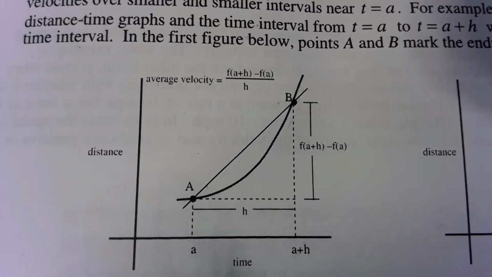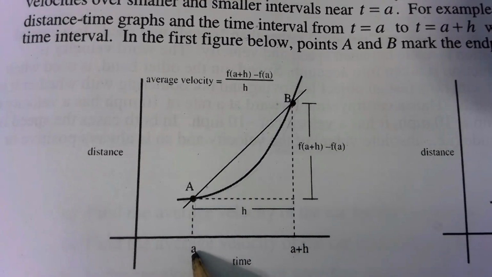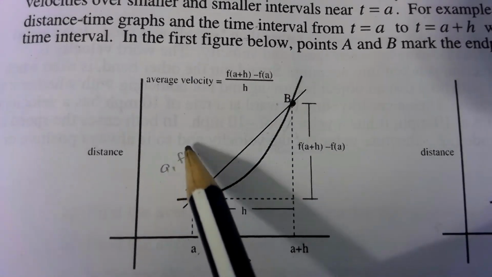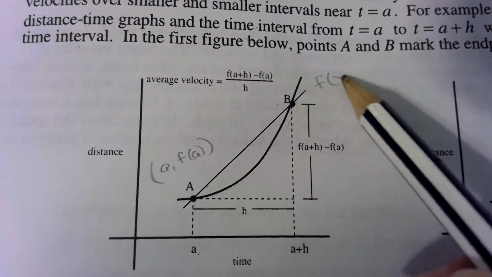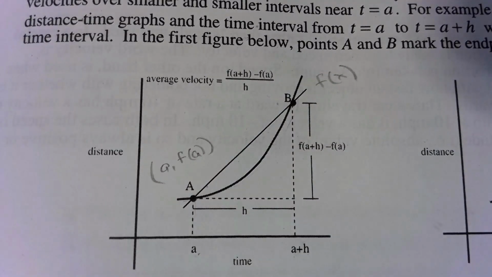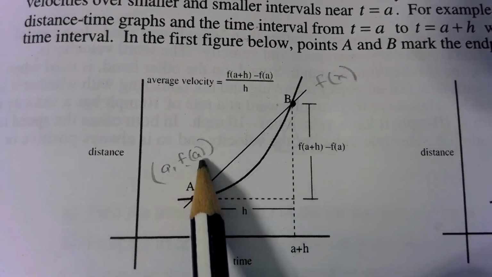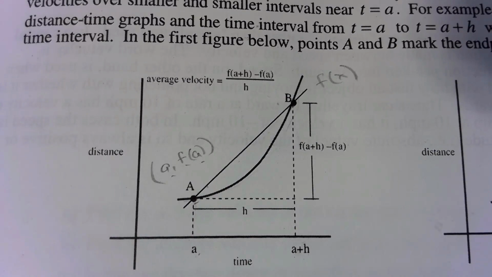Instead of calling these 1, 2, 3, 4, they're letting this first thing be A here. So if x is equal to A, then this point is A, comma, f of A. This function is some function f of x. So if I plug in A into the function, I get the function evaluated at A out. So this is my x coordinate, this is my y coordinate.